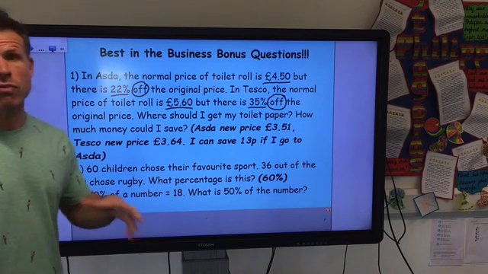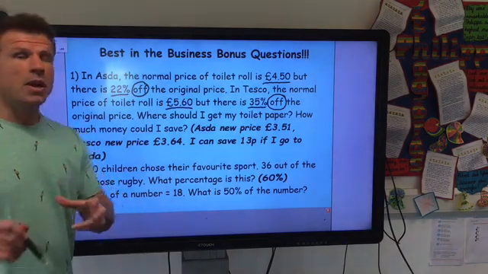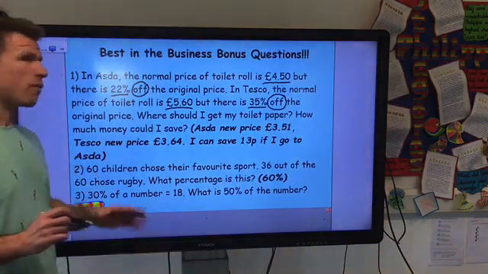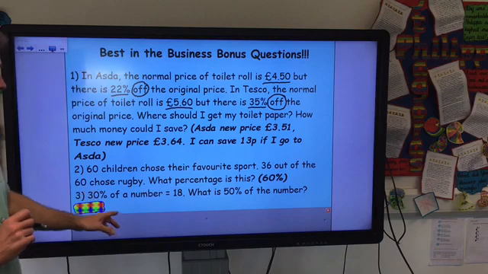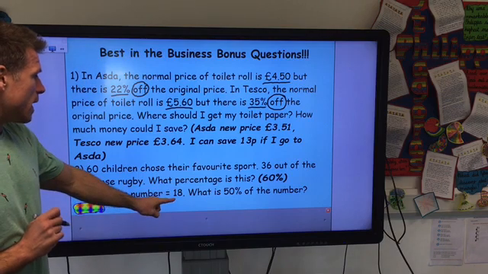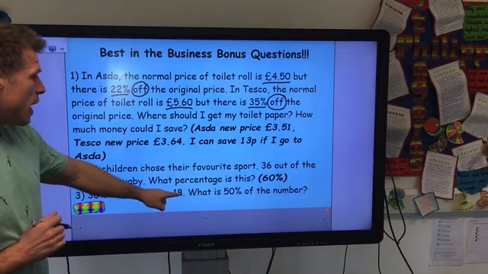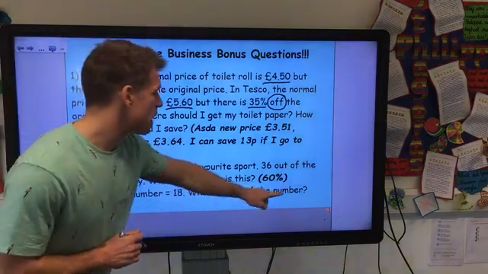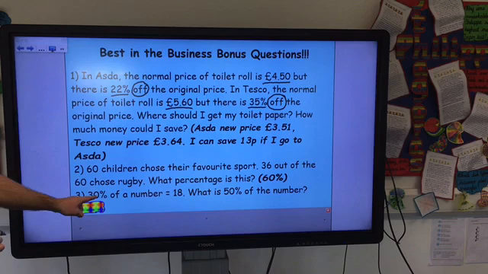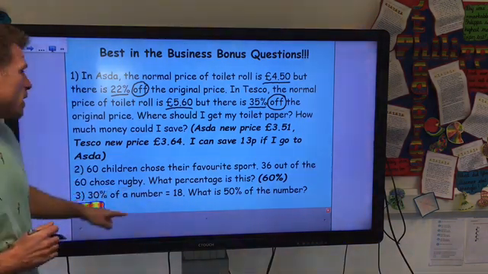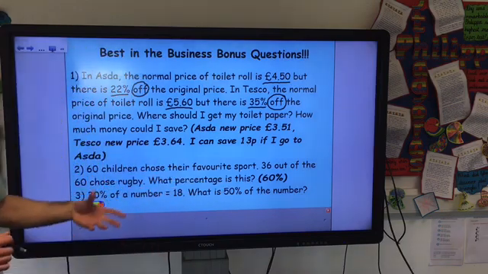Let's have a look at the next one. Now this one you've got to read really carefully because it's like a reverse percentages sort of problem. It's a little bit like ratio and proportion actually. 30% of a number is 18. So if you had a number and then found 30% of it, the answer is 18. What is 50% of that number? You can't just multiply 30% up to get into 50%, so you've got to break it down a little bit.